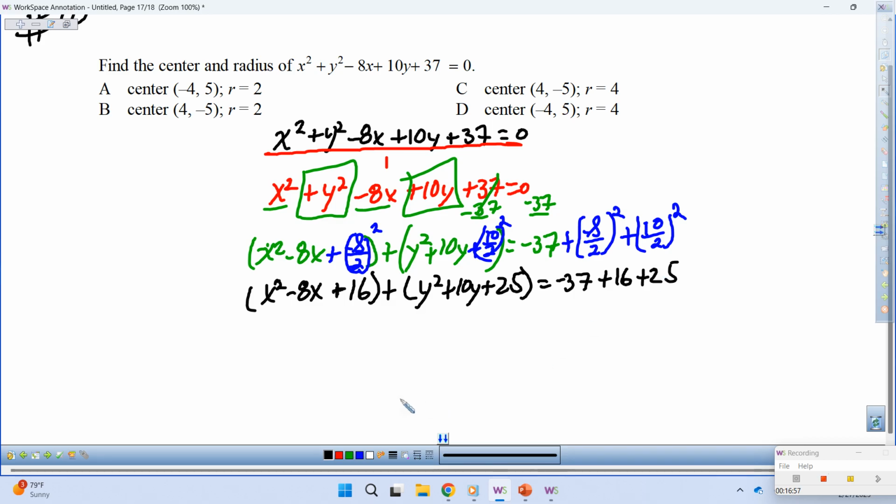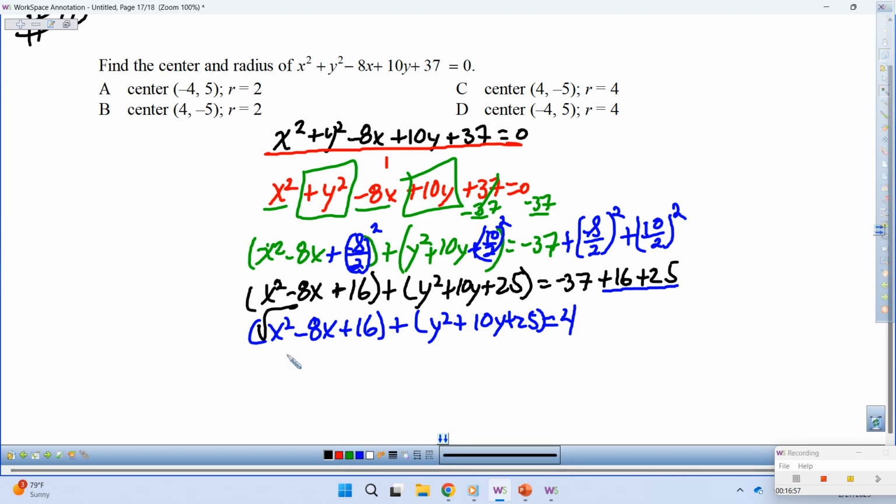Alright. Next. Can I combine stuff? Yeah. 16 and 25, that's 41. Take away 37, that leaves us with 4. Bring everything else down. Last step, what do we do?